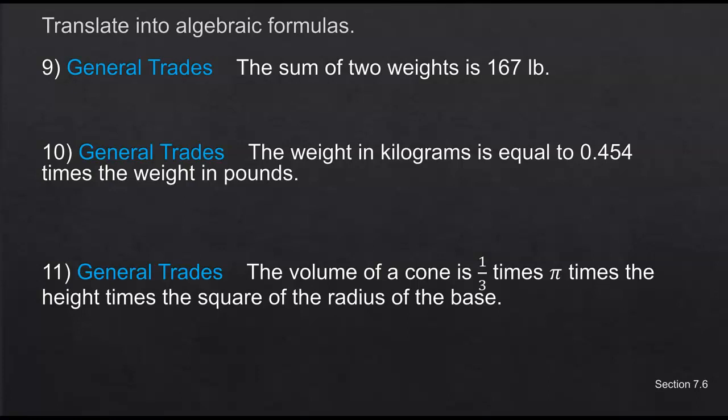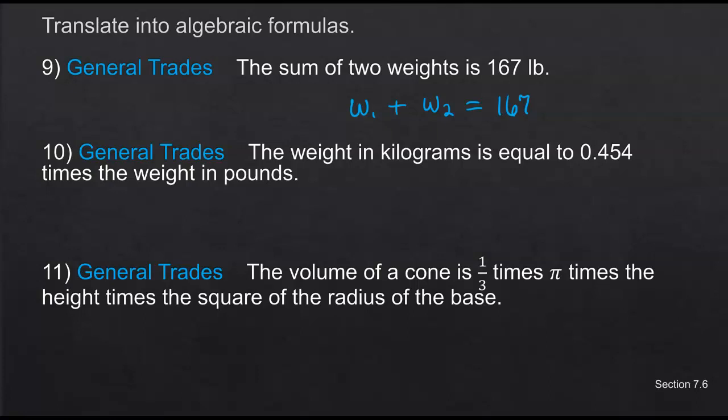I already showed you the sum of two weights. We're going to use a W with a subscript of 1 and then a subscript of 2 because that's indicating that we have two different weights. Is a signal word for equals, and then it equals 167. Now all we're doing on these is writing them. We don't have to do anything else with them.